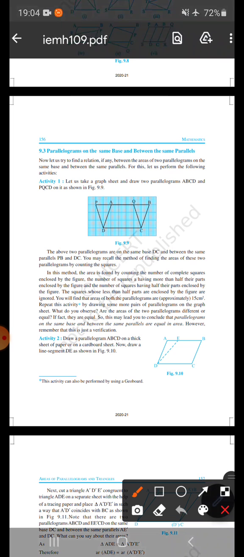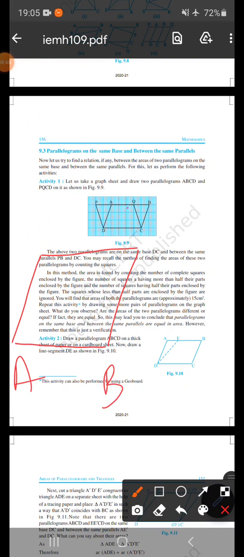Suppose I draw a parallelogram, this is A, B, C, D, right?